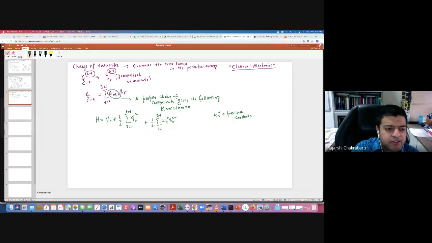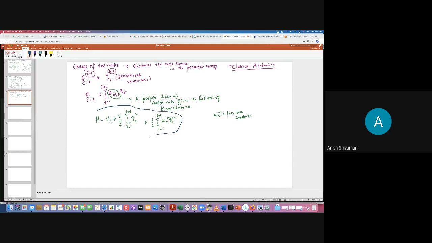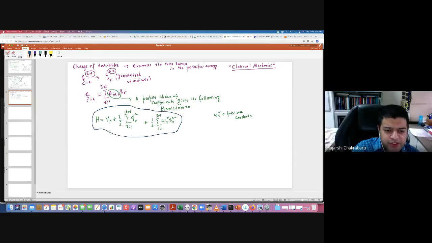Now this Hamiltonian is familiar to you. I think familiar to everyone. What is this Hamiltonian? Harmonic oscillator, yeah, with some constant, isn't it? And these Q_r, which I called generalized coordinates, there is another name for them, and this is more popular. You know this name? These are called normal coordinates.